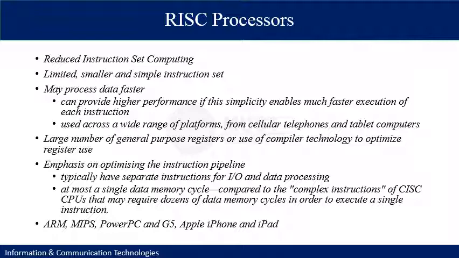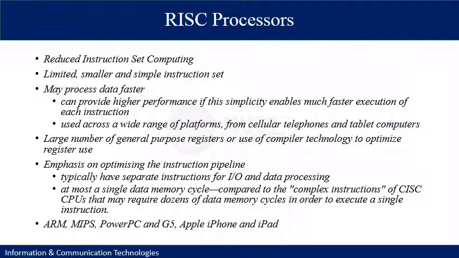It is used across a wide range of platforms, from cellular telephones to tablet computers. A large number of general-purpose registers or compiler technology is used to optimize register use. A RISC processor's emphasis is on the optimization of the instruction pipeline. They have separate instructions for I/O and data processing.